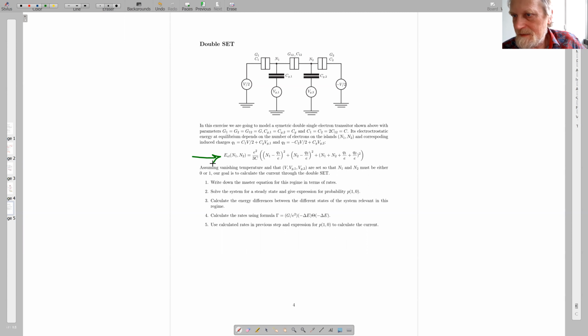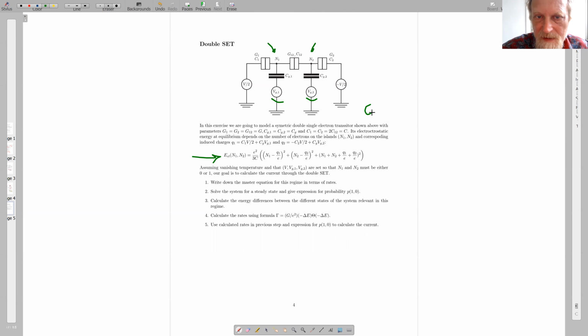What are the elements in this formula? Of course, it depends on the number of charges in each island. There are capacitances involved, and there are gate voltages involved. What is actually missed here?